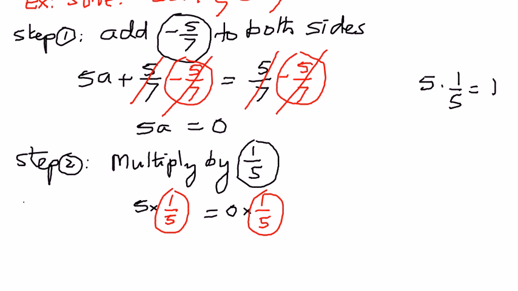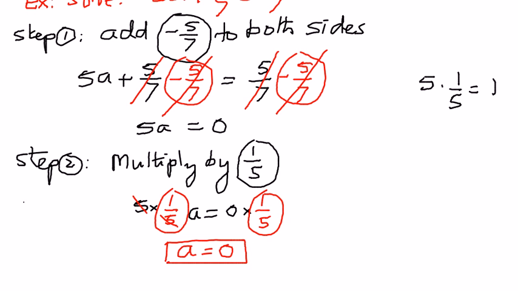So the left hand side, this 5 and this 5 cancel out, leaving us with 1a, or just a, is equal to 0 divided by 5. That value is going to be equal to 0. So therefore the value of a is equal to 0.